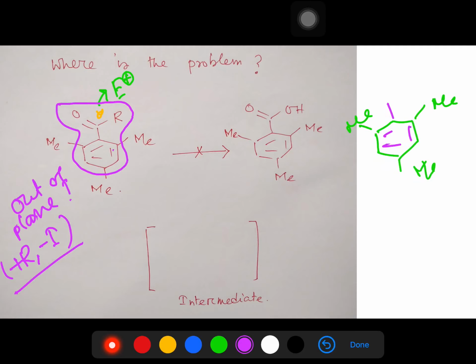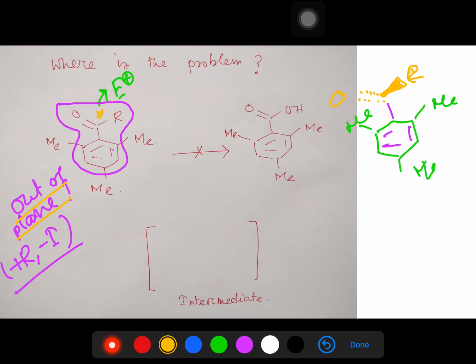In this case plus R is not possible because of this out of plane arrangement, but minus I is possible. So how does this look? You may consider the carbonyl group is out of plane, one is below, one is above. Let's consider that the carbonyl oxygen is below the plane and the other group is above.